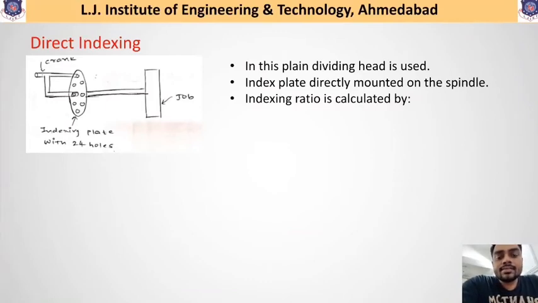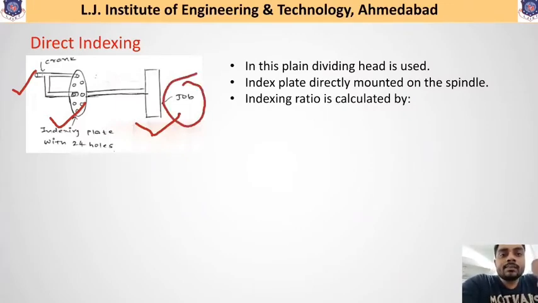As you can see in this figure, the indexing plate has a certain number of slots at certain intervals, and it has a crank and crank pin arrangement. With the rotation of the crank, the indexing plate rotates the job. Please keep this in mind: this crank is directly connected to the workpiece, so the rotation of the crank results in rotation of the workpiece.